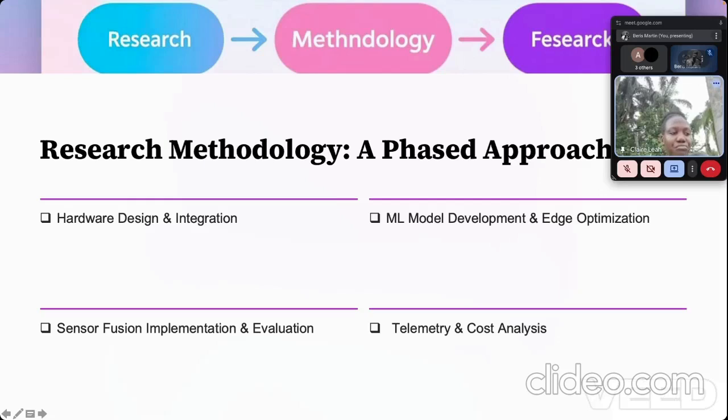This one involves implementing and evaluating feature level and late fusion techniques for robustness, mainly for validating classification and robustness. And also the telemetry and cost analysis. And this one is all about analyzing the costs that we are going to use in the project.